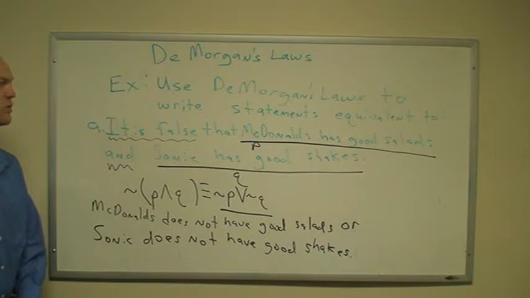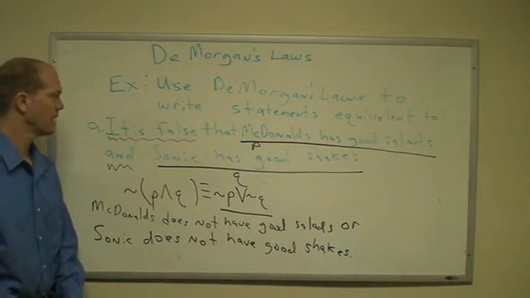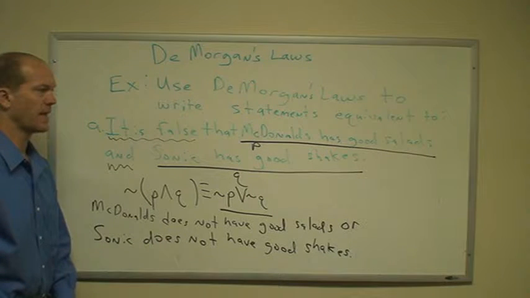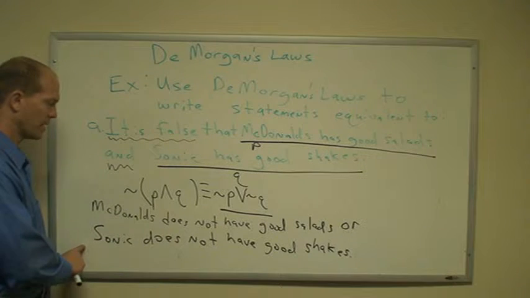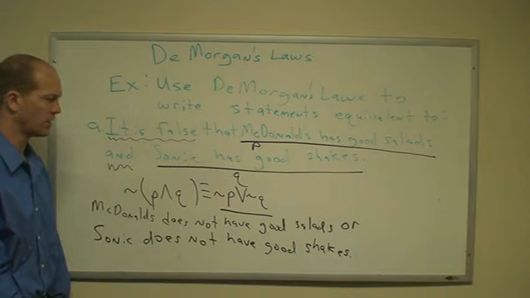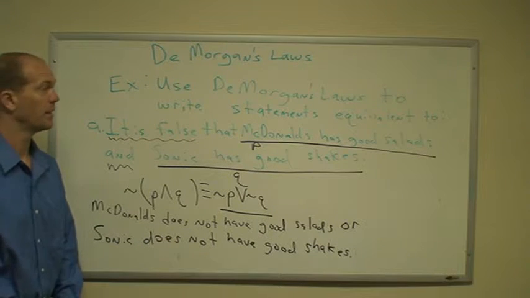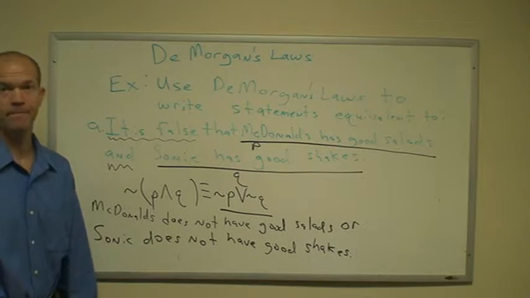Again, what we've just done is we've written two equivalent statements. That is, the statement it is false that McDonald's has good salads and Sonic has good shakes has exactly the same logical meaning as the statement McDonald's does not have good salads or Sonic does not have good shakes. Those two statements, again, mean the same thing.